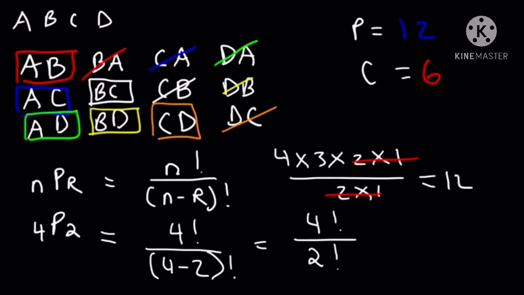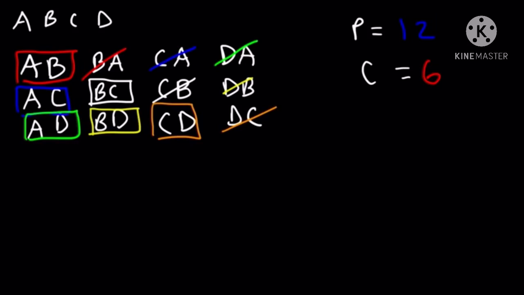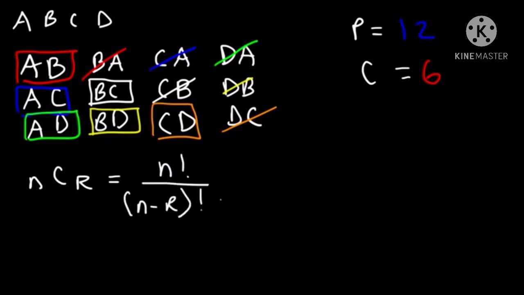Now, how can we calculate the combination? What is the formula that we can use? nCr is equal to n factorial divided by n minus r factorial times r factorial.